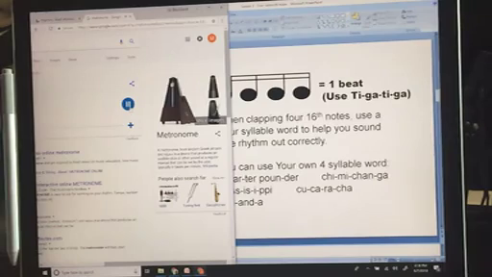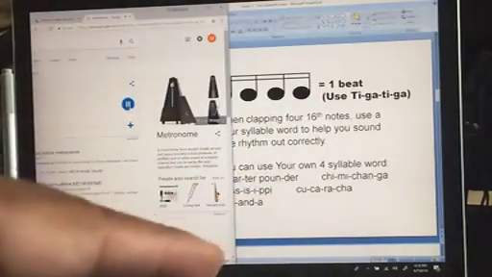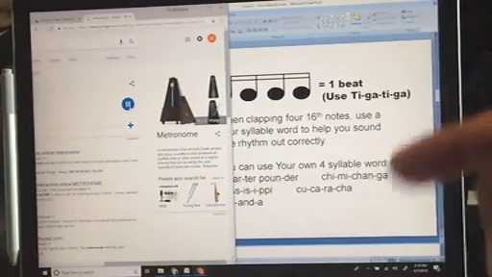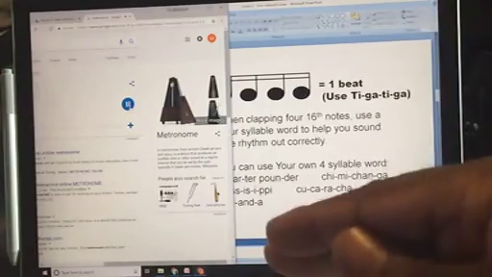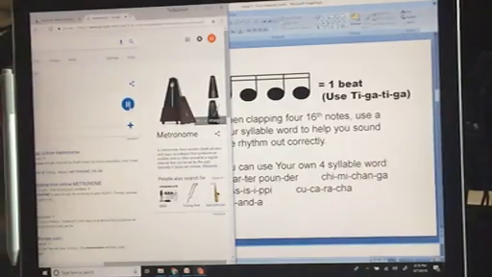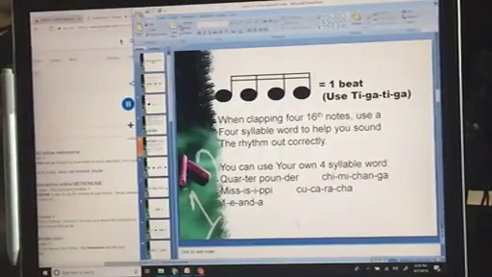So when you hit a click and that space in between, that's how much time you have to clap the 16th notes before you get to the next click. So you got, and then, oops, space. Before you get to that next downbeat or that next click, you got to clap your 4 16th notes.